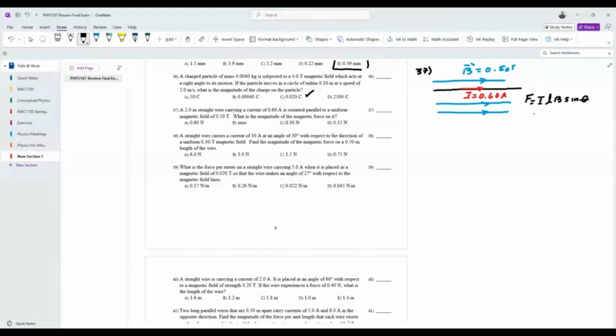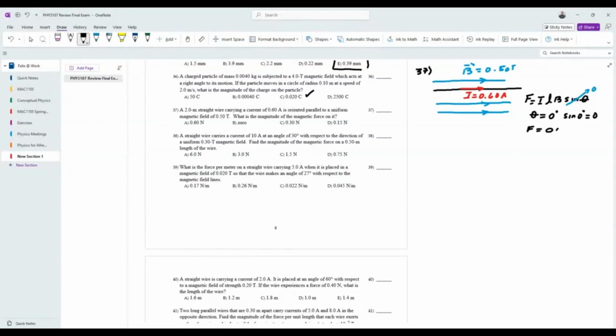What happens? Theta here is 0 degrees, and the sine of 0 degrees is 0. So if we multiply by 0 all these other quantities, we will get that the force acting in this case will be 0.